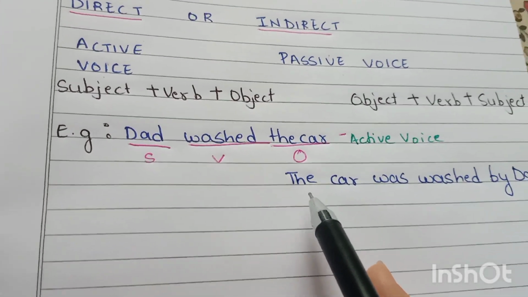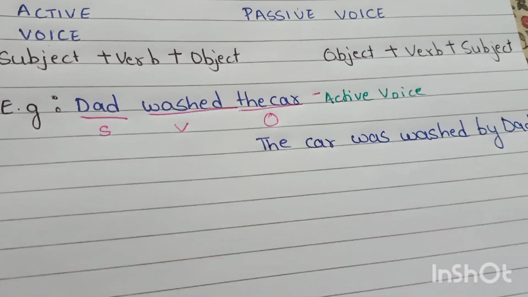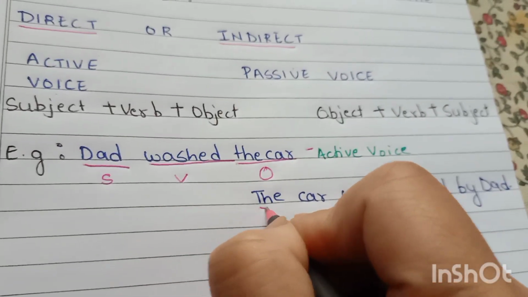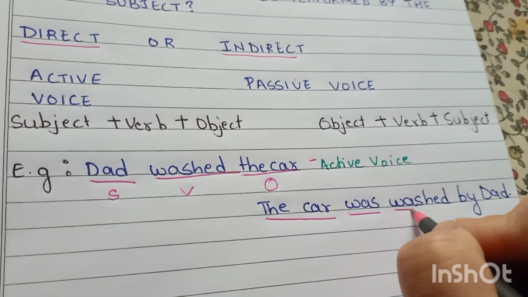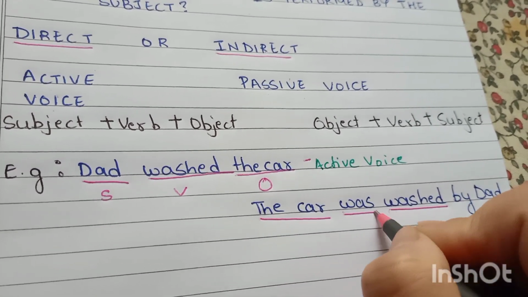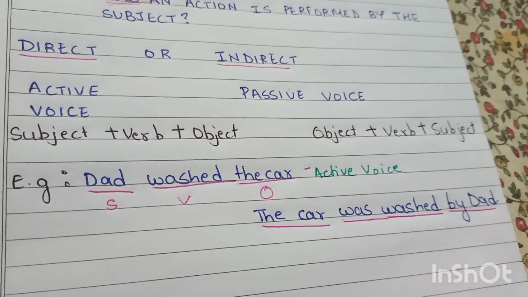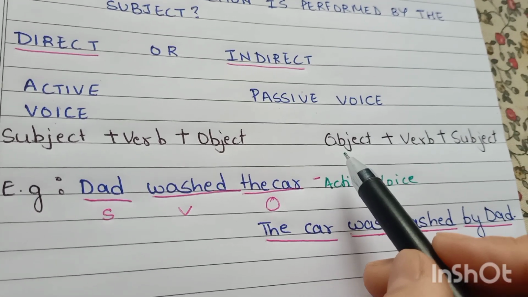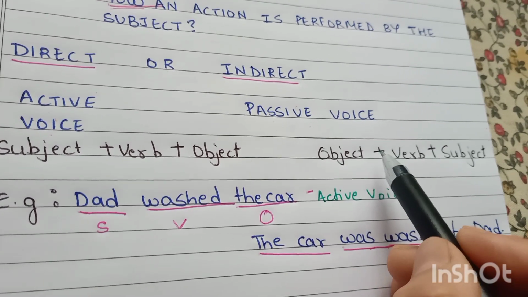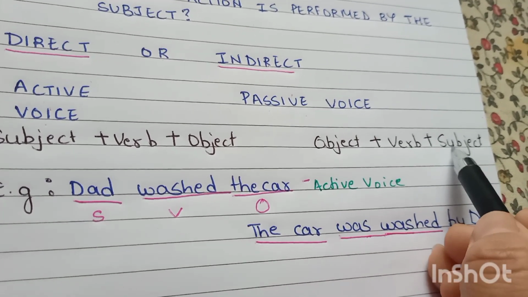So here it's like this. In passive voice, it will be the car was washed by dad. So our structure will be object plus verb plus subject.